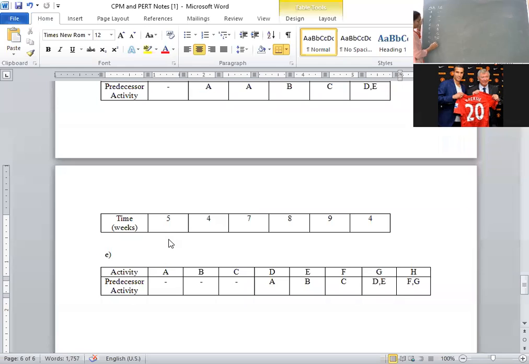Right now we will see how to draw this arrow diagram. Listen carefully.